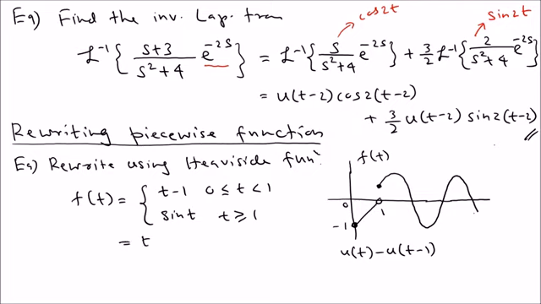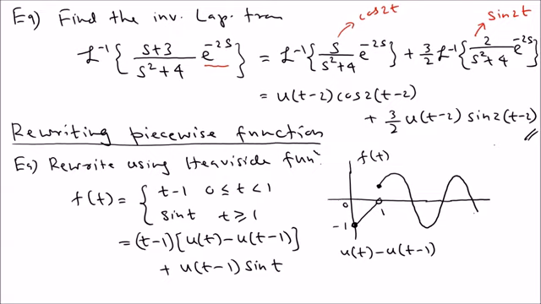We have the function t minus 1, and we multiply by the switch, which is u(t) minus u(t-1). That's the first one, which switches on only in that interval. The next one is sine t, which you switch on after 1, so you multiply sine t by u(t-1). So that's how you write using switches.